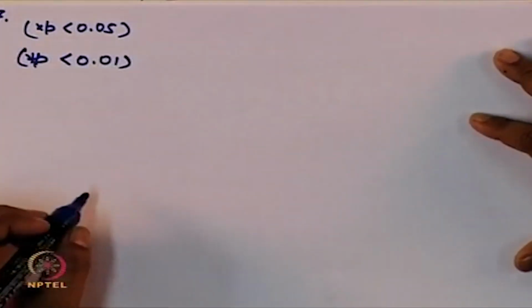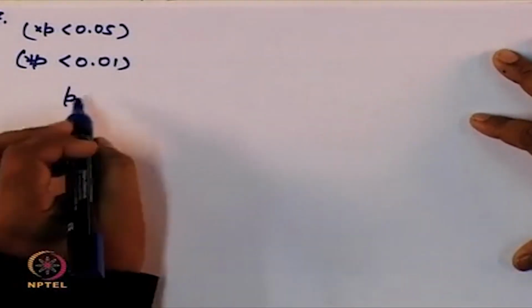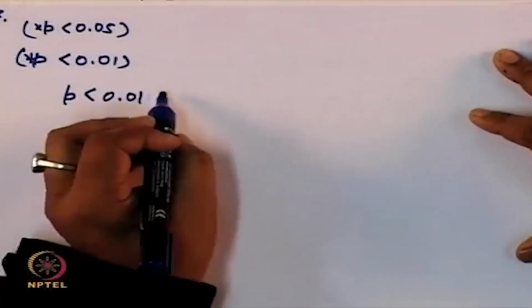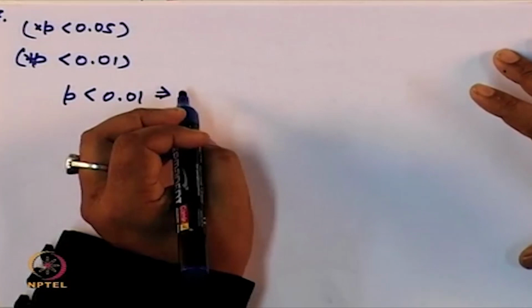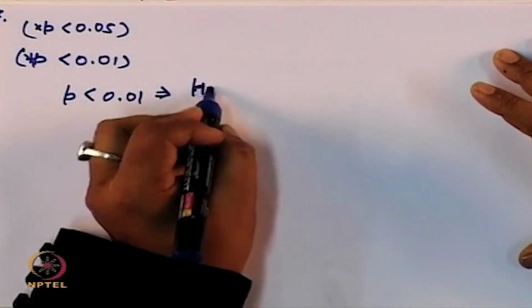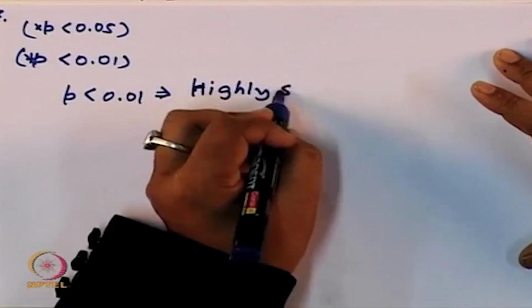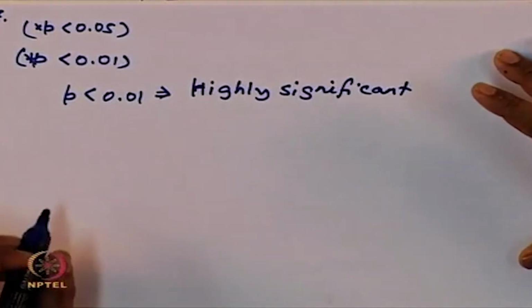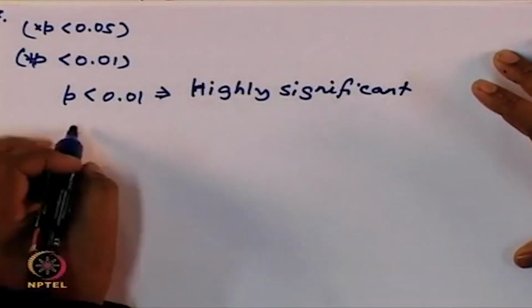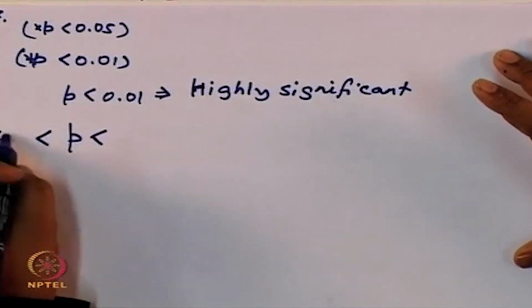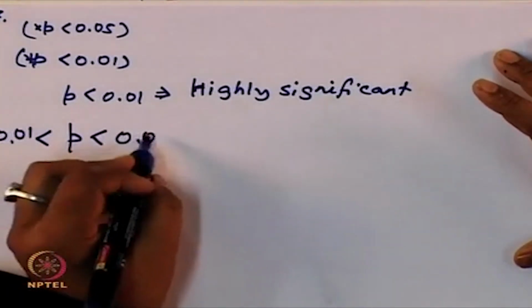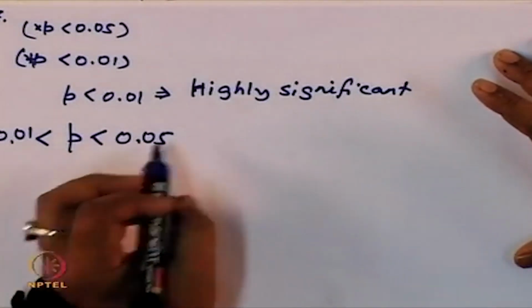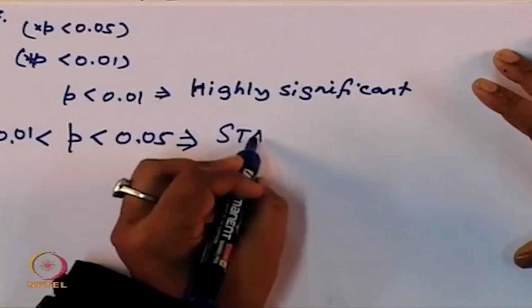Now, what is accepted? If your p is less than 0.01, you typically say that the results are highly significant.